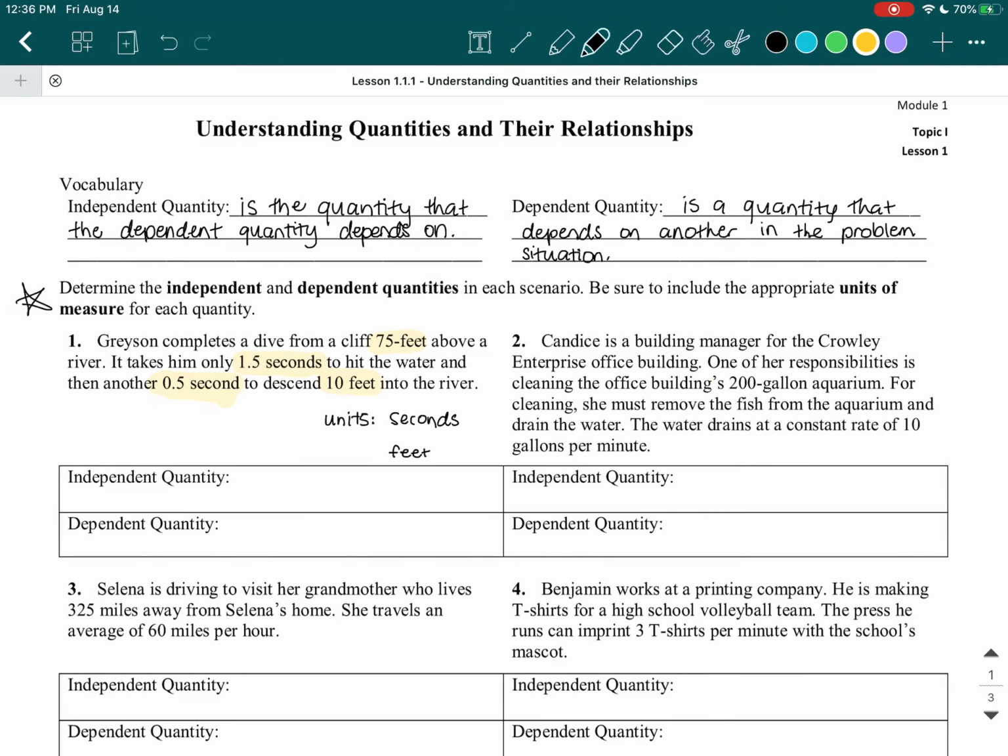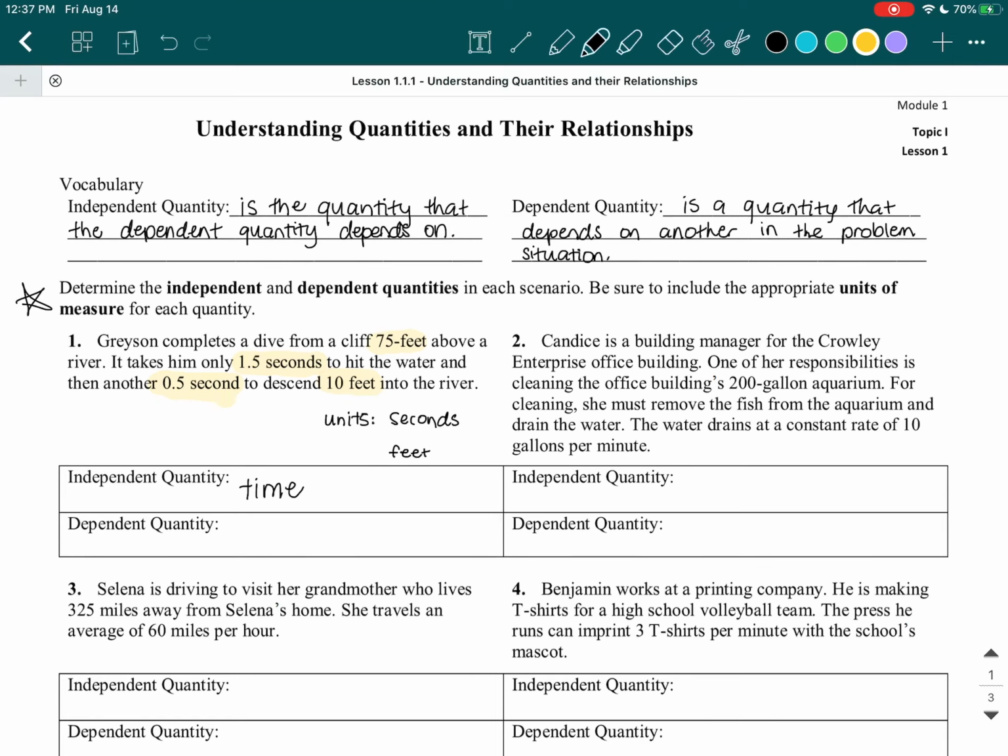Okay, so seconds. What does seconds measure? There's only one thing that I can think of that seconds measures. Seconds measures time. So whenever you have time in a situation, time always is the independent quantity. So time is your independent quantity because time does not wait for you, time does not wait for me, time doesn't depend on anything. No person in the world can control time.